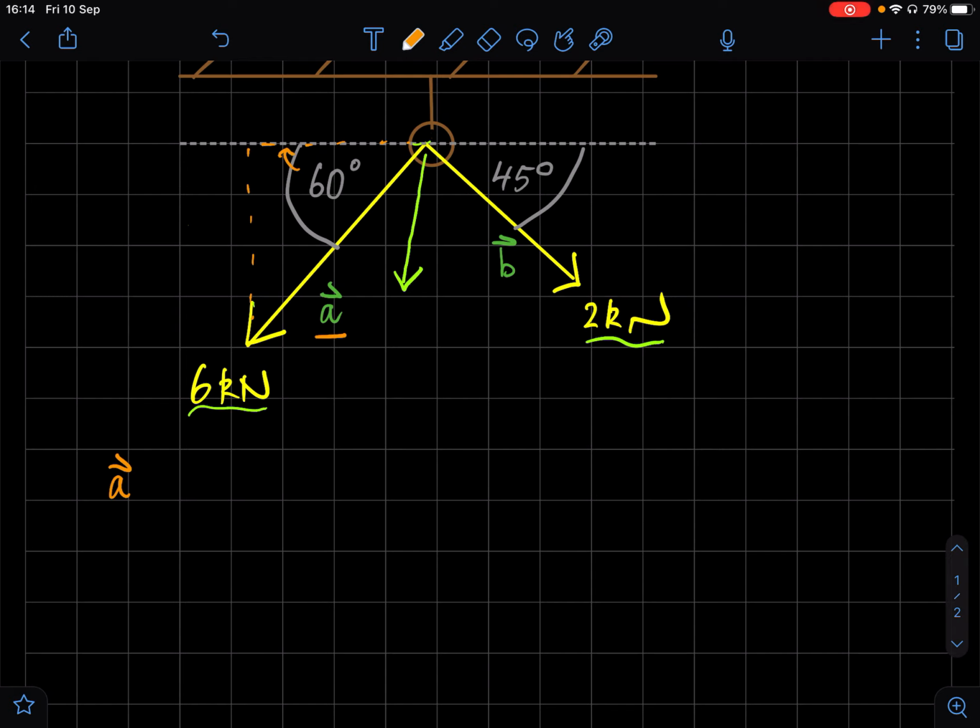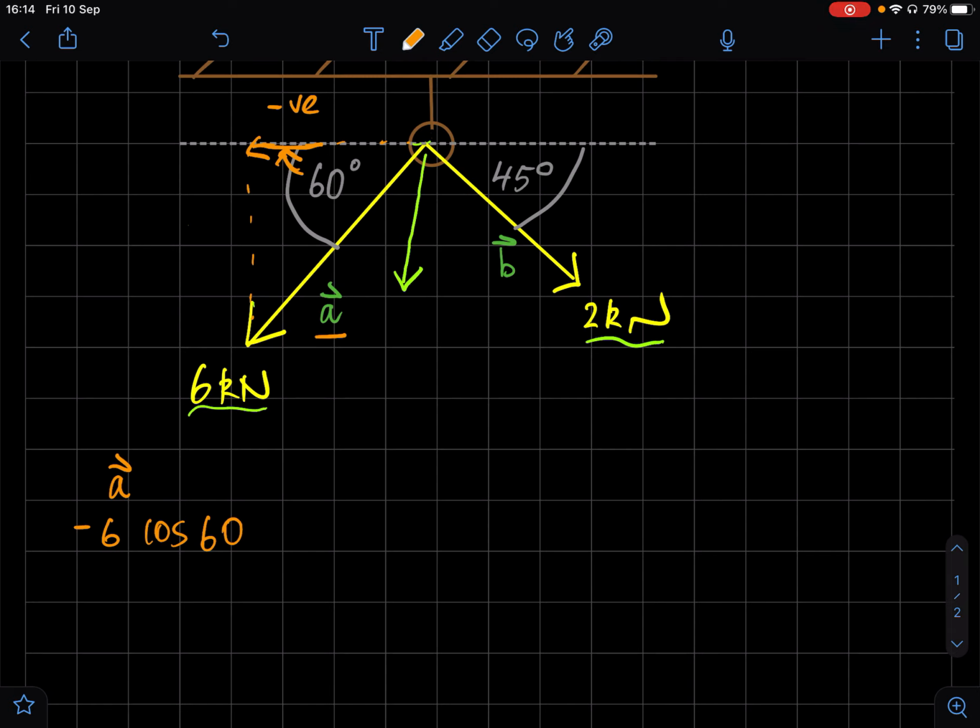So our hypotenuse will be the 6 kilonewtons, and that's going to be a cos 60 degrees. We're referring to this x component. And the x component for vector A is going to go in the negative x direction, isn't it? That way is negative, so I'll pop a negative in there.